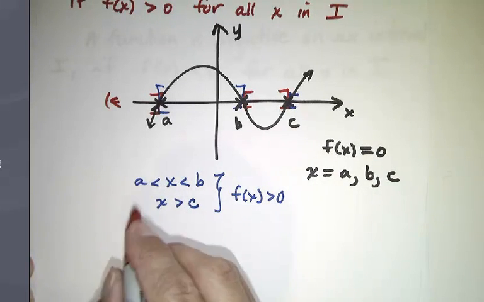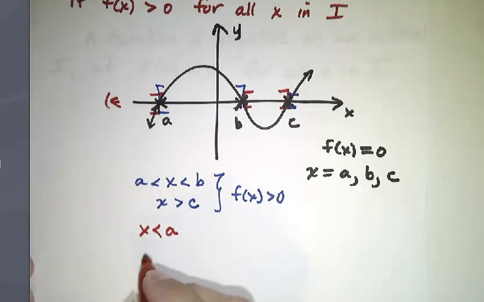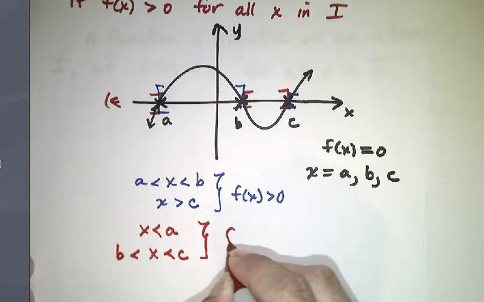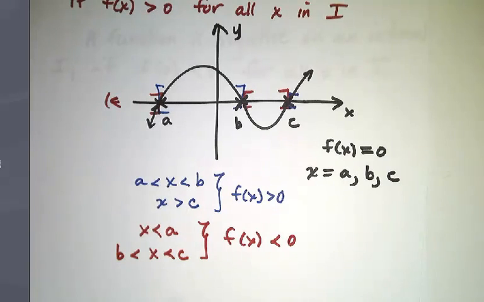So here, if I write x is less than a, or x is between b and c, and remember I'm not including those endpoints because at those endpoints the function is 0, my function is less than 0. Okay?